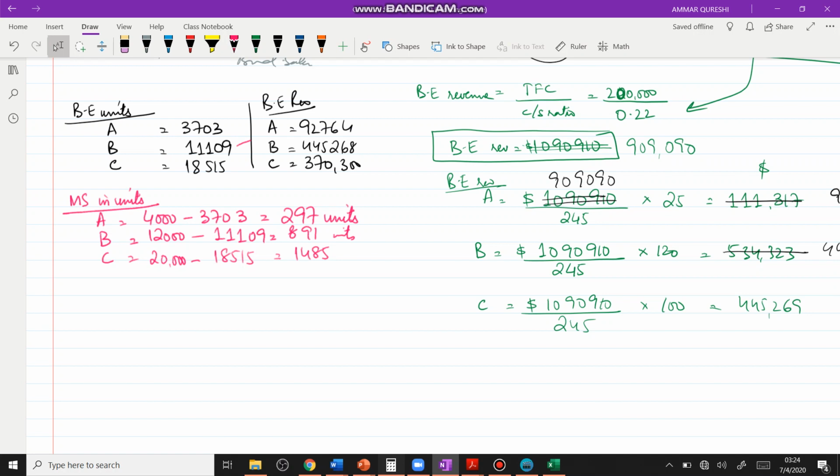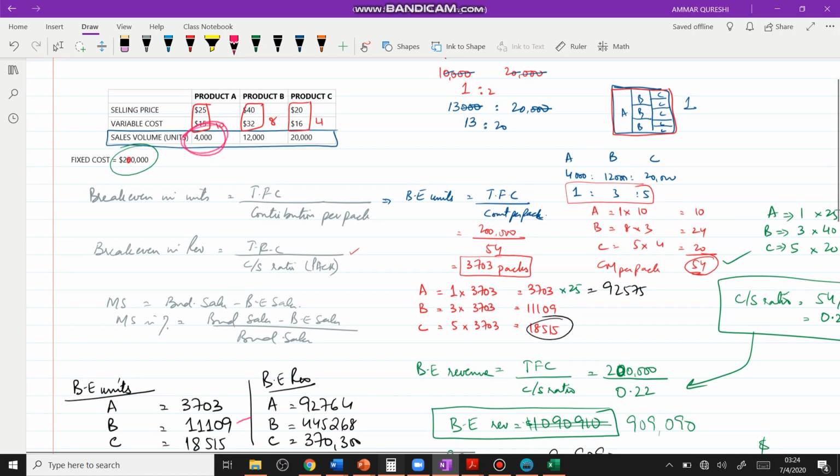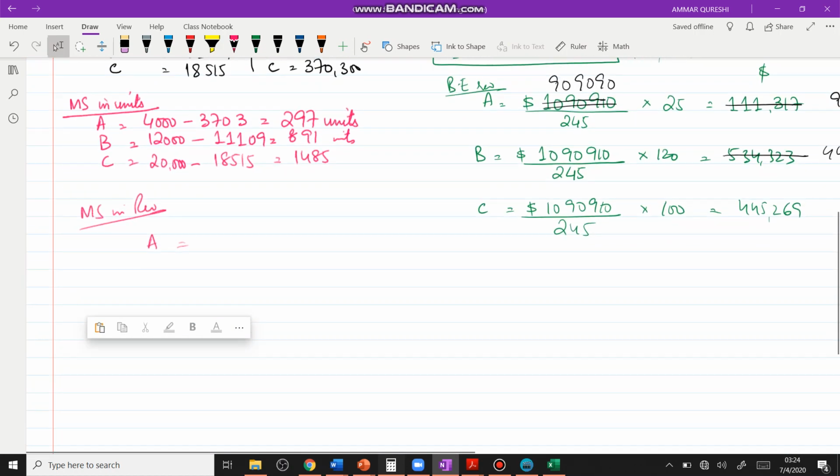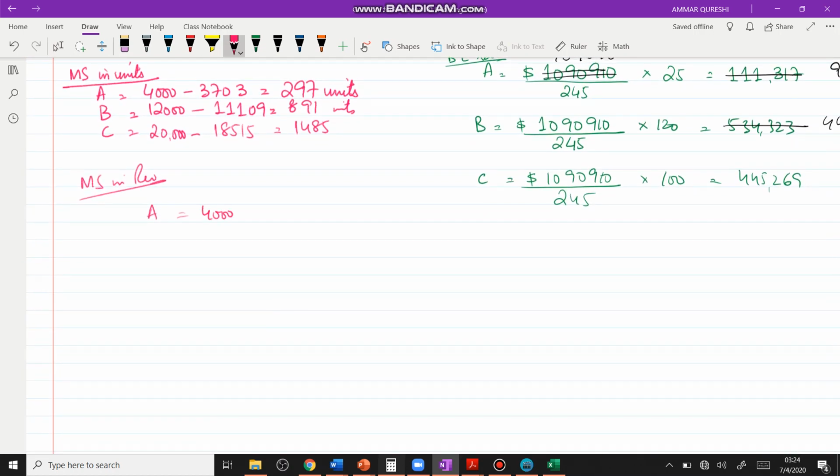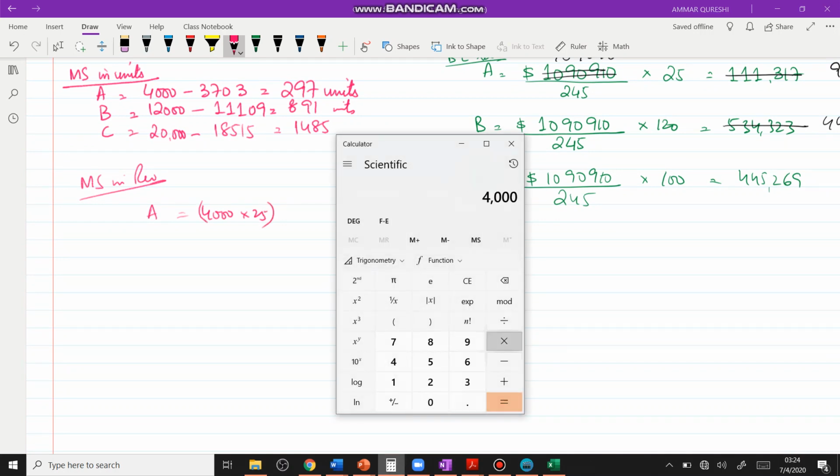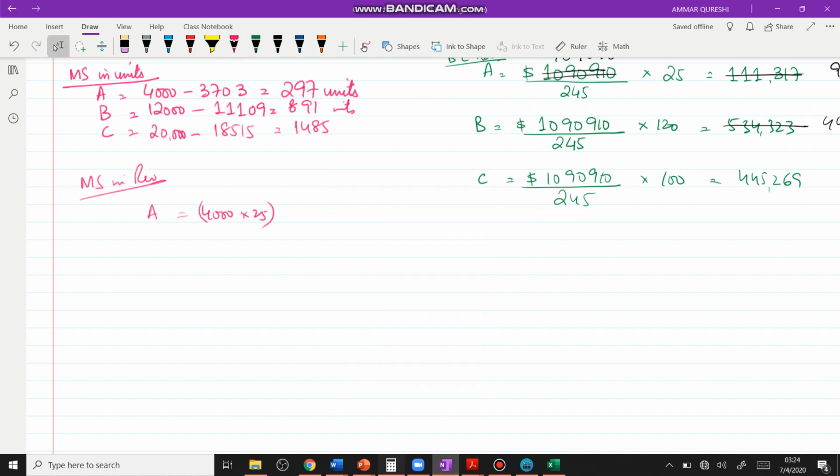Now, what will be the margin of safety in revenue? It's really very simple. Budgeted sales revenue minus break-even sales revenue. We haven't calculated budgeted sales revenue yet. So for product A, budgeted sales revenue will be 4,000 multiplied by 25, which is 100,000, right?